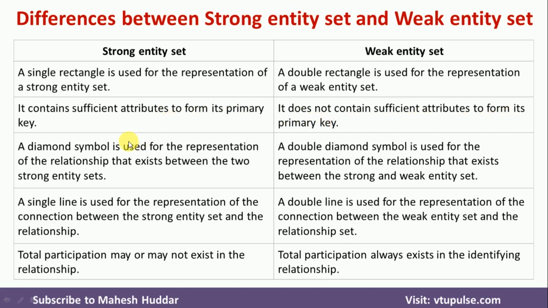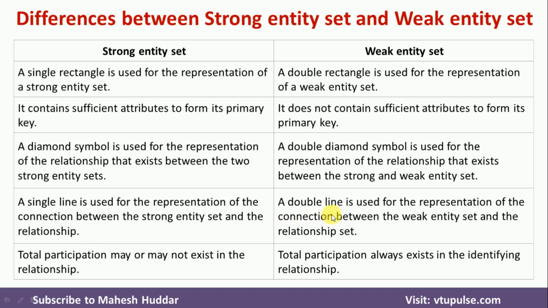When it comes to a strong entity set, a diamond symbol is used for representation of the relationship that exists between two strong entity sets. A double diamond symbol is used for representing the relationship that exists between strong and weak entity sets. In a strong entity set, a single line is used for representing the connection between the strong entity set and the relationship.